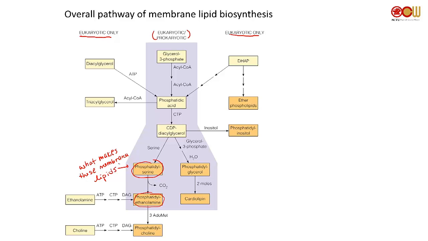Of course, we know that almost all membrane lipids have some kind of hydrophilic head group, and then you attach it with 2 hydrophobic tails. In this case, what do you think the hydrophobic tails are?